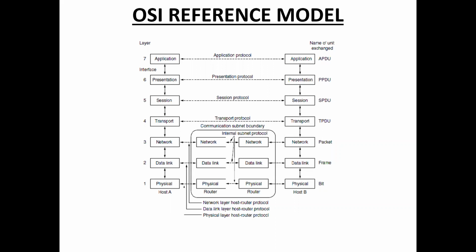And the last one, application layer. This application layer is implemented by network applications. These applications produce the data which has to be transferred over the network. This layer also serves as a window for application services to access the network and display the information to the user, for example browsers or any messenger.